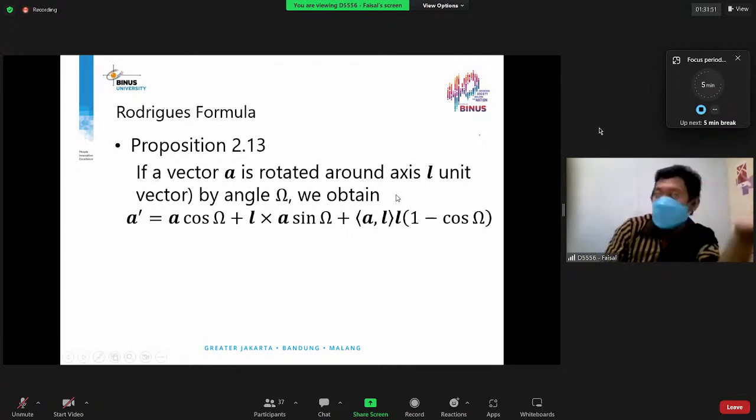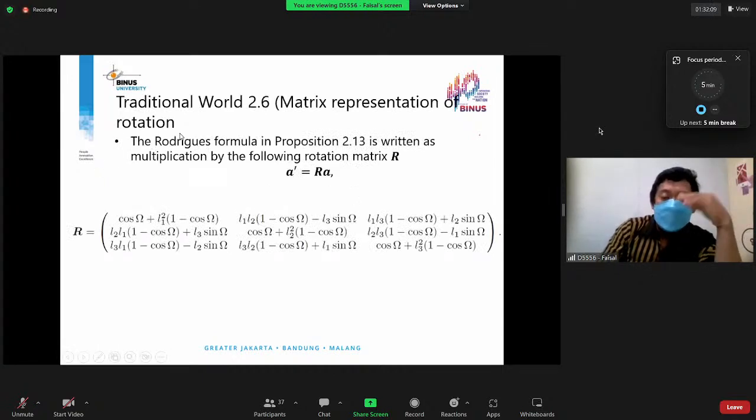Because rotation is also a linear mapping, just like reflection and projection. All of these are linear transformations, and all linear mappings always have a matrix transformation. This is the formula of the matrix of rotations in three-dimensional space.